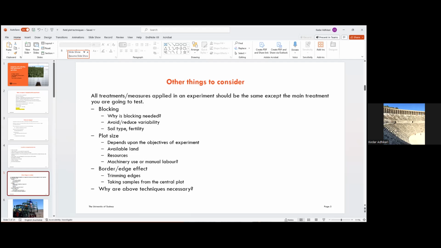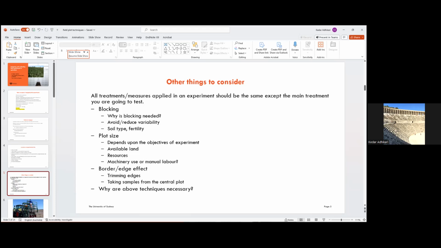If that is there, you can minimize that by blocking. And if there is soil fertility level variance, which you know from previous history, then you can avoid that by blocking.